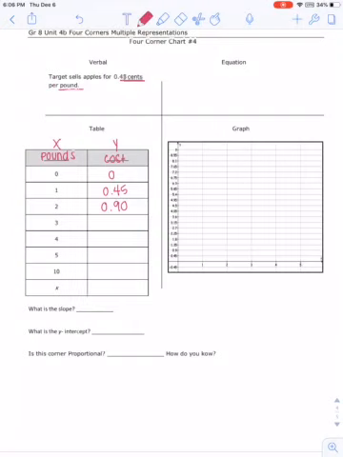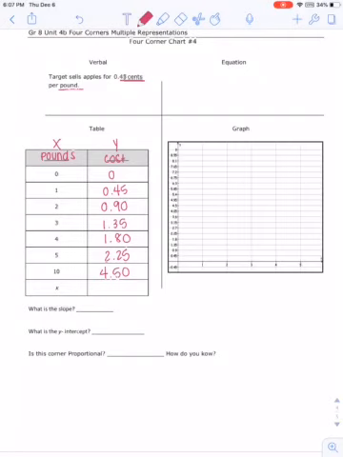And then you kind of notice that as we add a pound, we add 45 cents. And that's how we can fill in the table up to this point. Then we think of, well, 10 times 45 cents, we get to shift that place value and write $4.50.